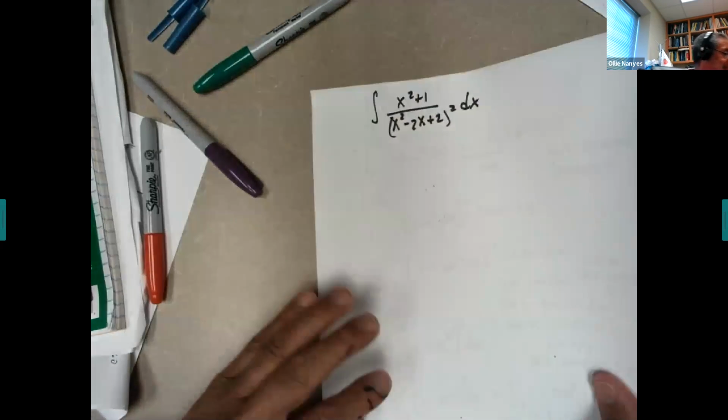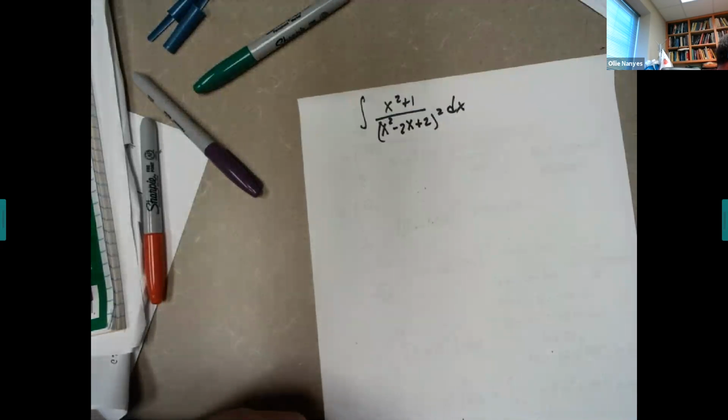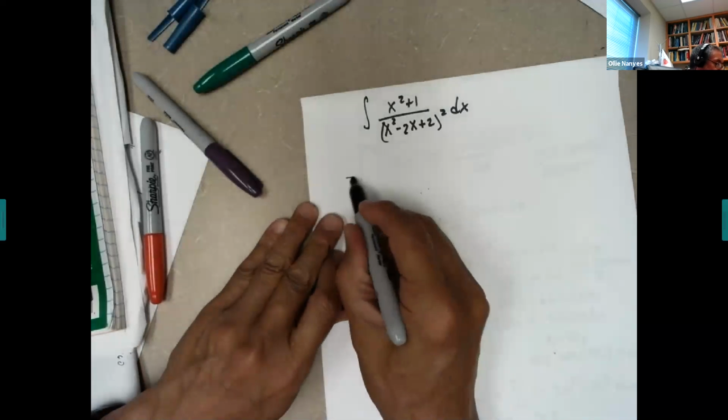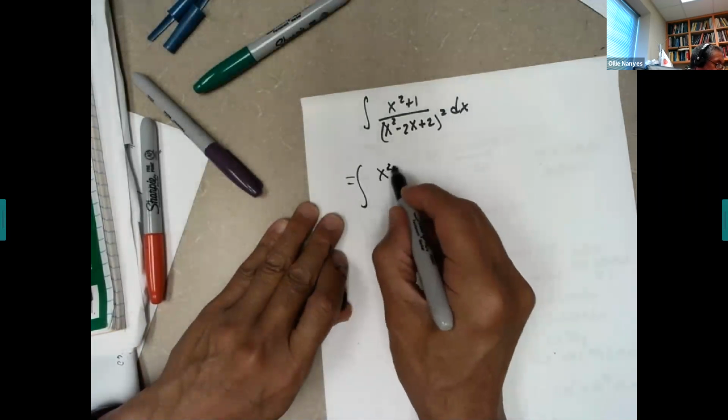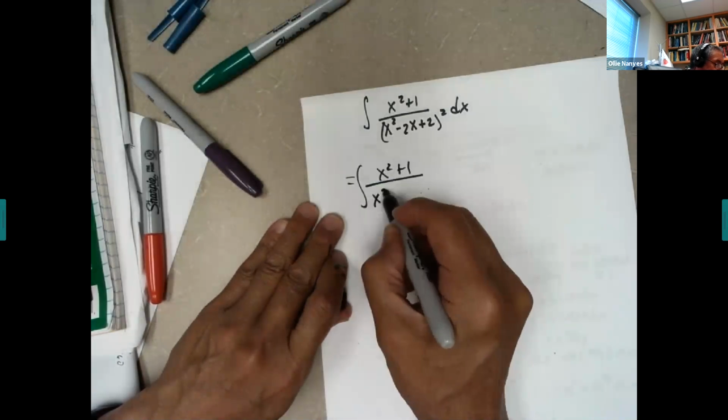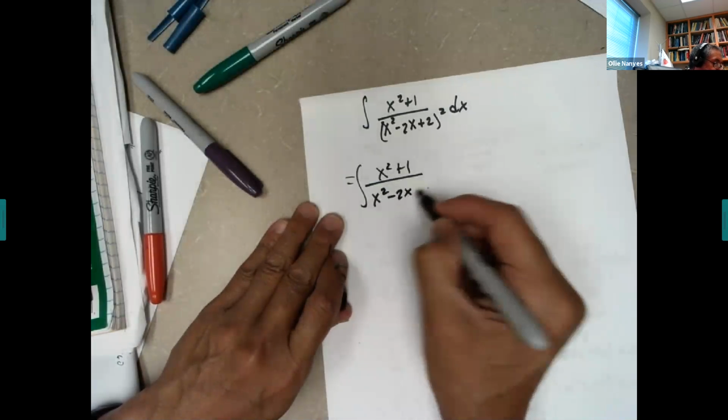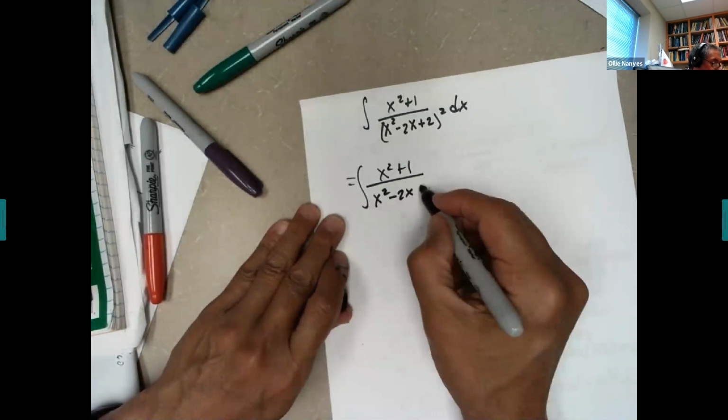Finally, let's see how this one goes. The bottom looks gnarly. So what are you going to do? Well, completing a square is sometimes a good idea. So if we just do the completion of a square, we have x squared minus 2x plus 1.